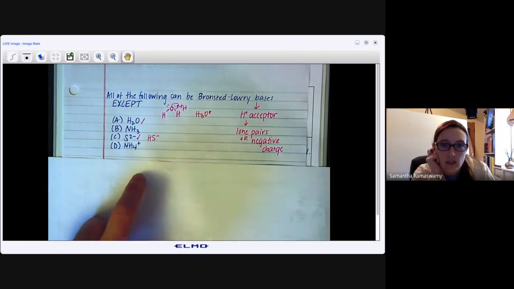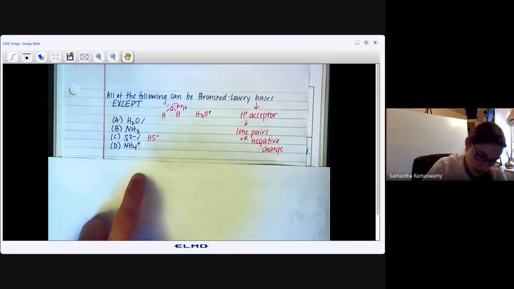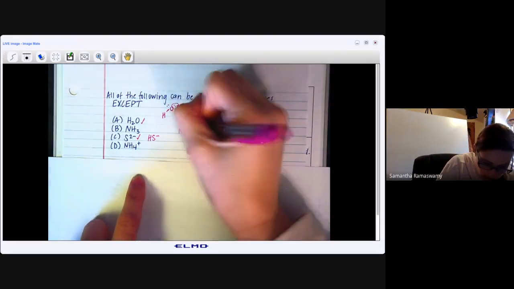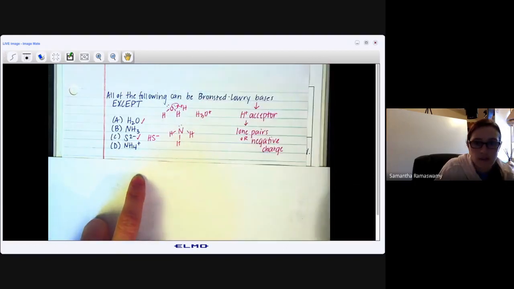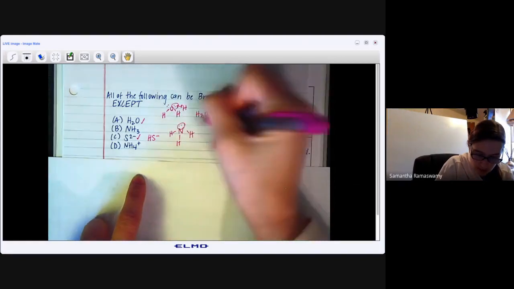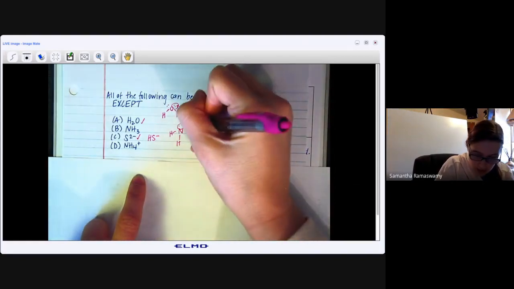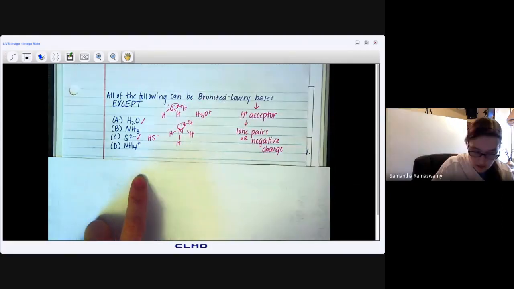So water is one. Then we look at NH3. NH3 has this lone pair. So when we bring an H plus, it will bond. It'll look like this.